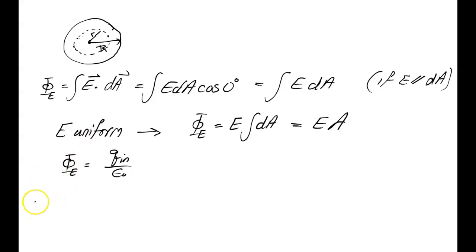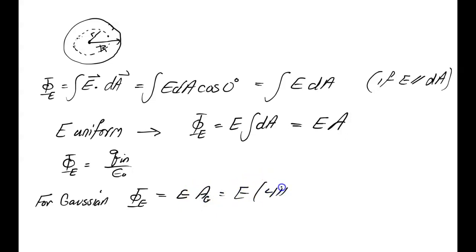So for our Gaussian surface, the electric flux is the electric field times the surface area of the Gaussian, and that should be 4 pi little r squared.